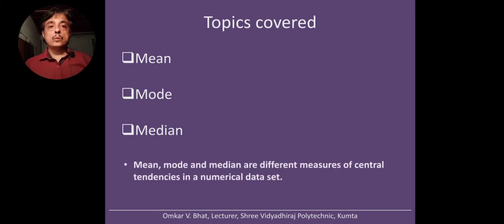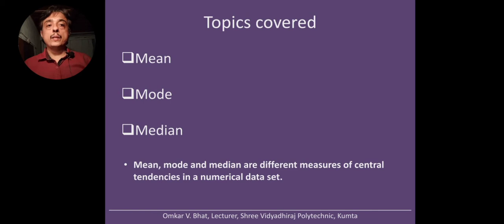So mean, mode and median are different measures of central tendencies in a numerical data set. So these things are called as central tendencies, and these central tendencies are calculated for numerical data set.